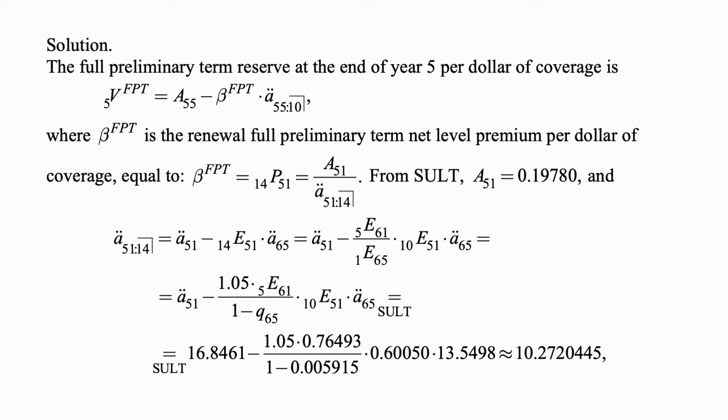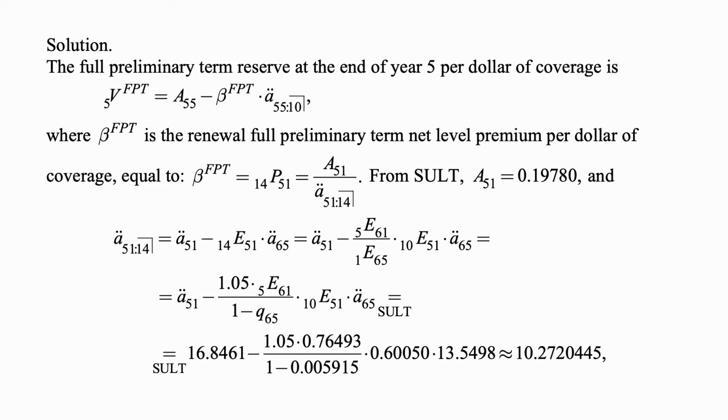So the full preliminary term reserve at the end of year 5 per dollar of coverage is A55, because the person will be 55 then, and 50 at the policy inception, minus beta FPT, the renewal full preliminary term net level premium per dollar of coverage, times A55 angle 10, because it's 15 years of payments of premium and 5 have already passed.